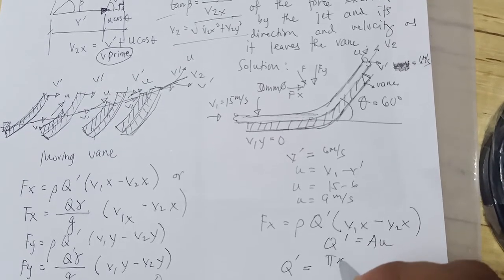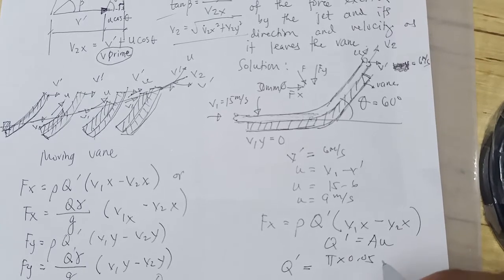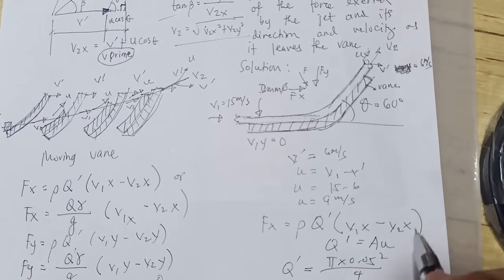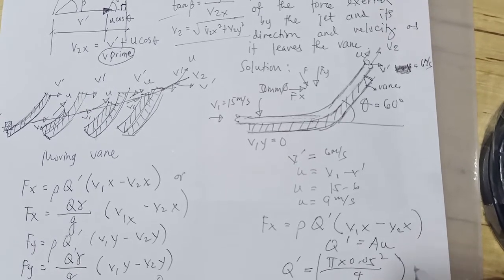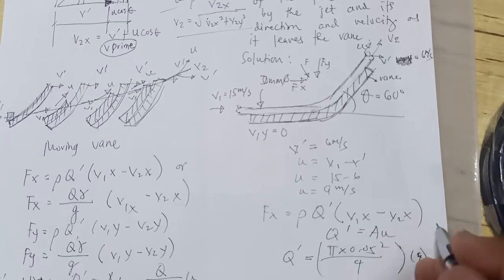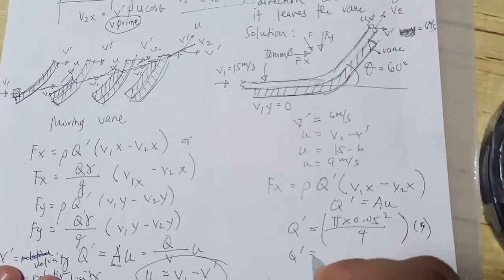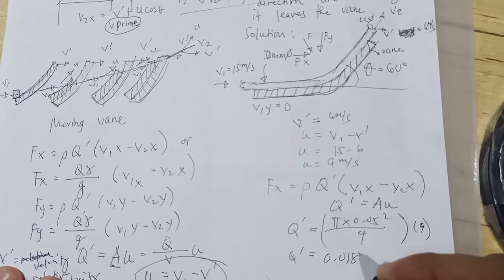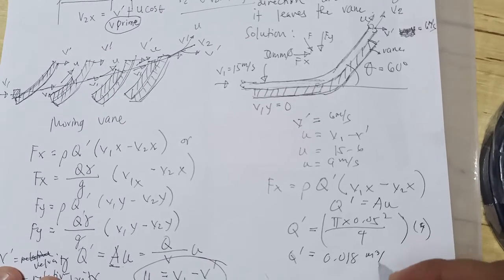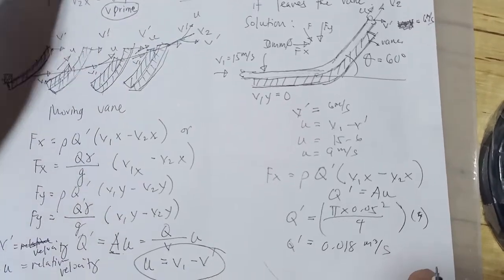Therefore, pi times 0.05 squared over 4 times 9. So Q prime is 0.018 cubic meter per second.